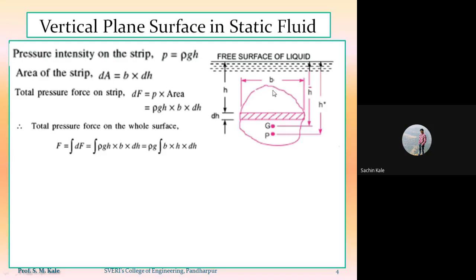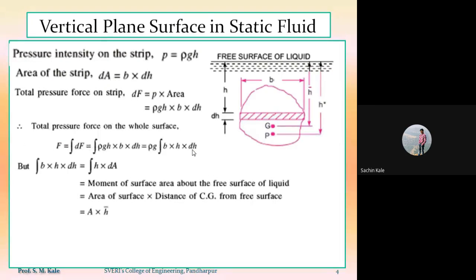If I consider the first strip here, the value of h will be different, b will be different, dh will be different. If I consider another strip somewhere here, then the values of b, h and dh will be different. So b, h and dh are variable, so they remain inside the integration. Here b into dh is called a small area, that is nothing but the area of the strip.